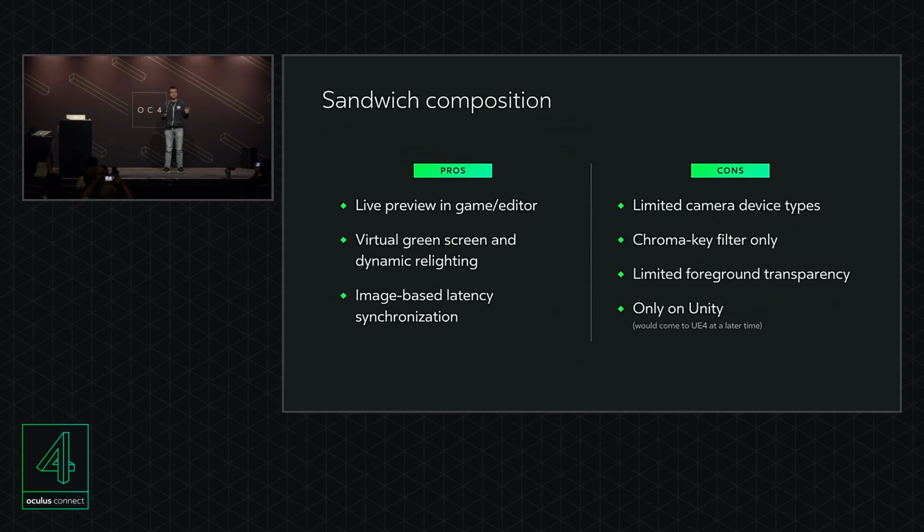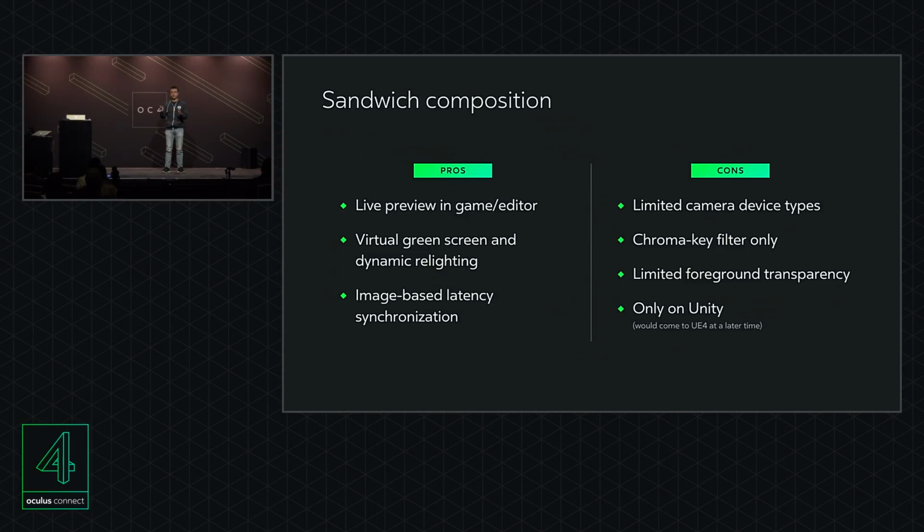Like direct composition, the sandwich composition also works inside the game engine. It has a live preview, and it also supports the virtual green screen and the dynamic relighting. But essentially, it works in the same way as the direct composition. The biggest advantage of this method is that it supports image-based latency synchronization.